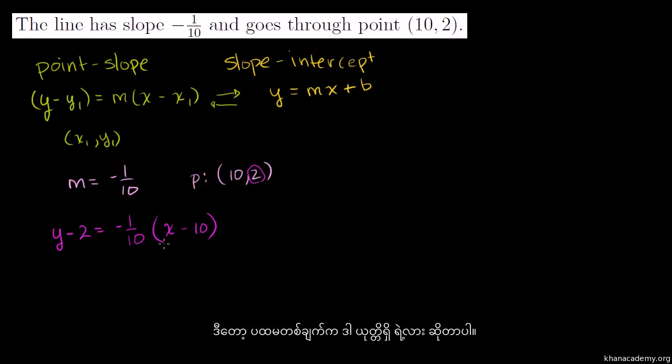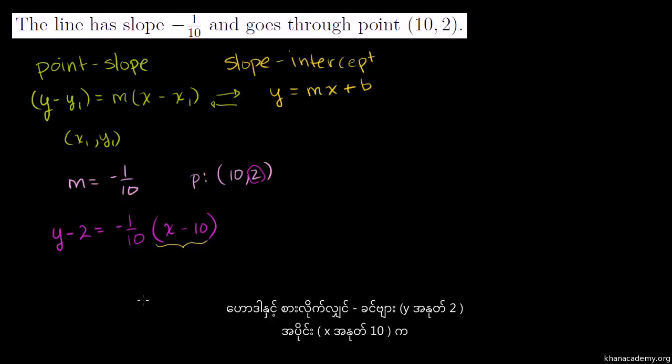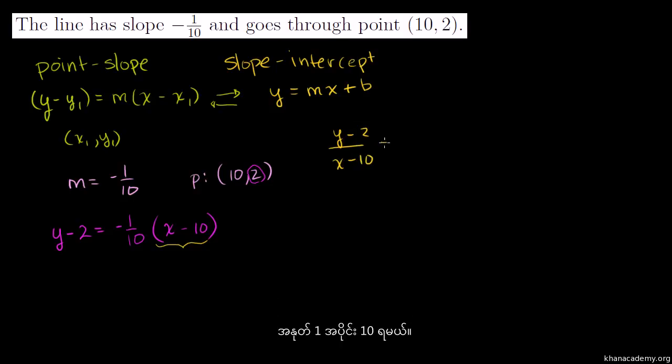The first thing is, why does this make sense? If you divide both sides of this equation by x minus 10, you get y minus 2 over x minus 10 is equal to -1/10.